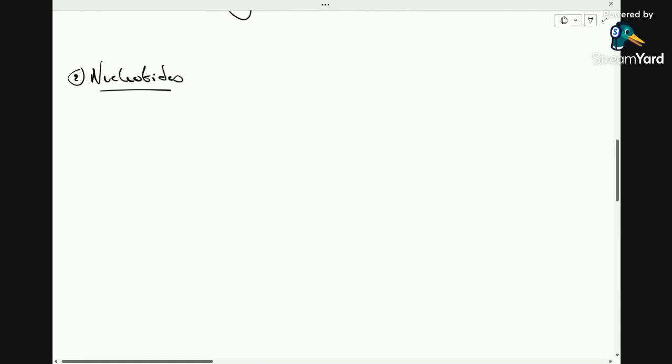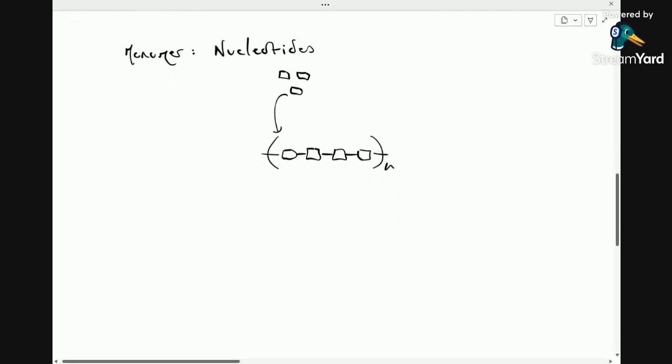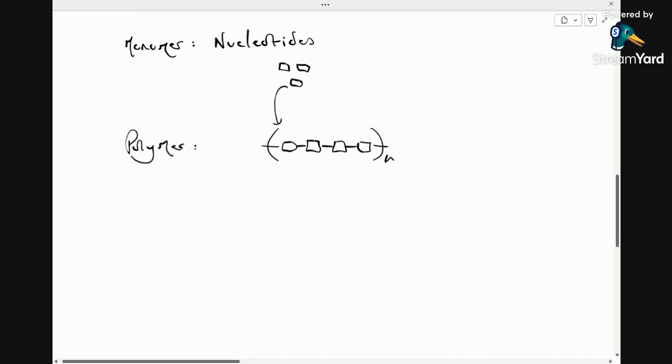For this, you hopefully are aware from GCSE that the monomers of DNA and RNA are called nucleotides. These act as the Lego bricks, if you like, and these form a polymer, so we can join them together in a repeating fashion to form a polymer of nucleotides.